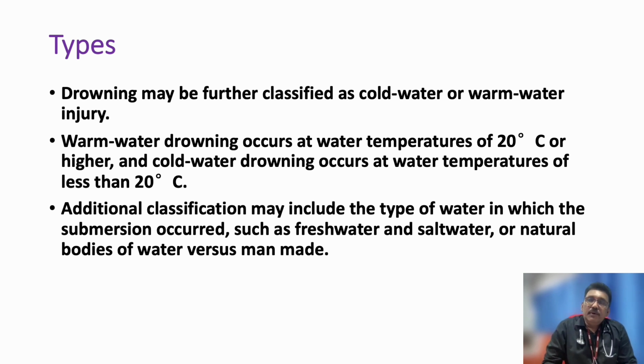So, all these things are important when we are treating the patient, and the patient can have a lot of complications during the recovery period or during the survival after the acute phase, whether it is warm water, cold water, saline water, fresh water, or man-made ponds. Various organisms, various electrolytes, the salinity may be different in various types of waters.